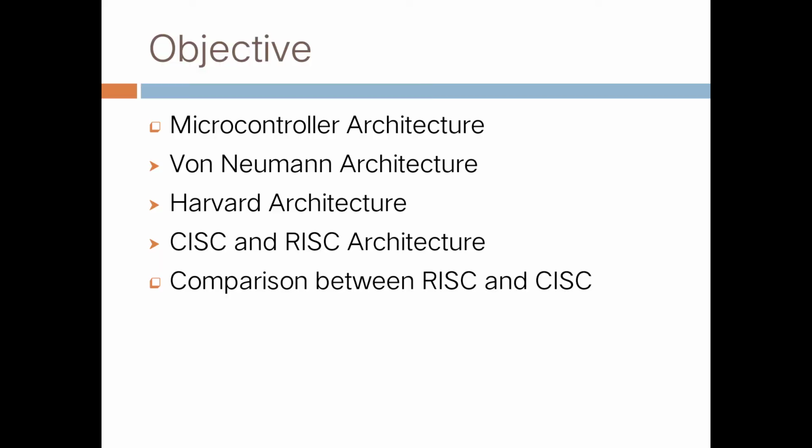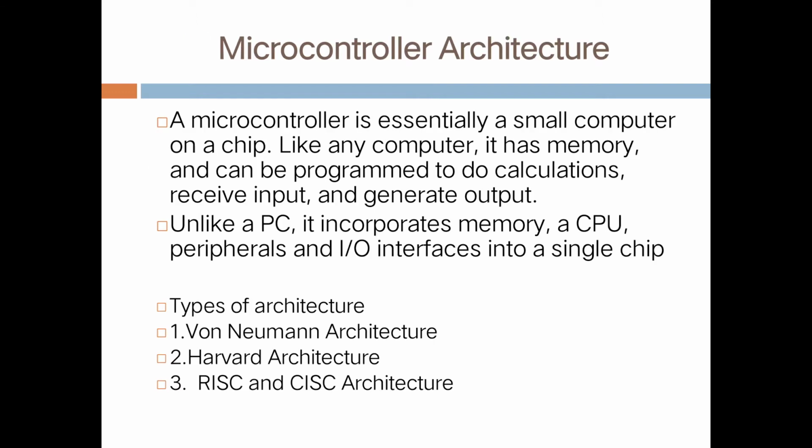In this I explain microcontroller architecture and different types of architecture like von Neumann architecture, Harvard architecture, RISC and CISC architecture, then a comparison between RISC and CISC architecture. Full form of CISC, complex instruction set computer; full form of RISC, reduced instruction set computer.